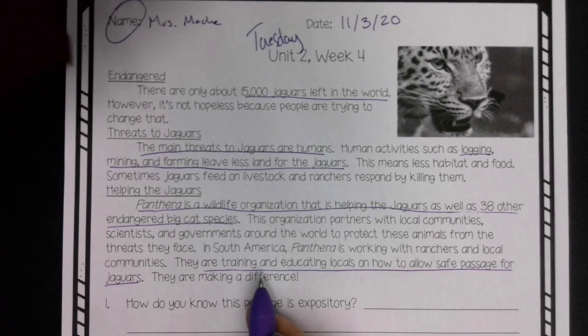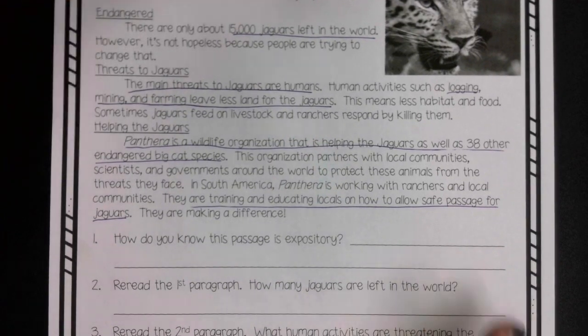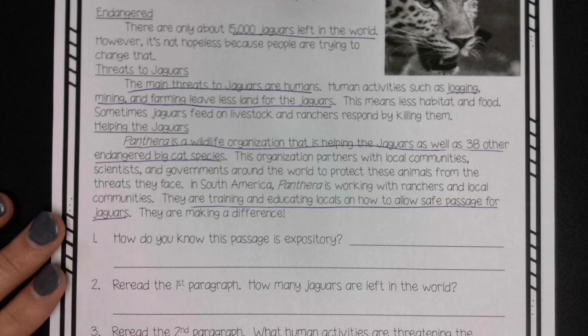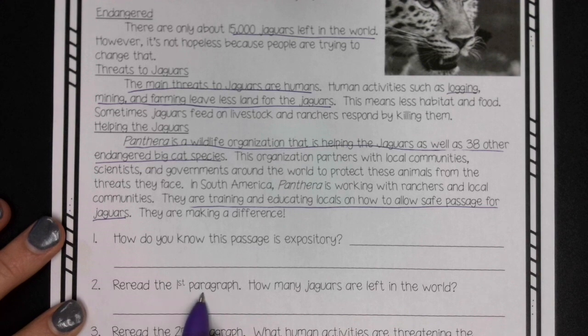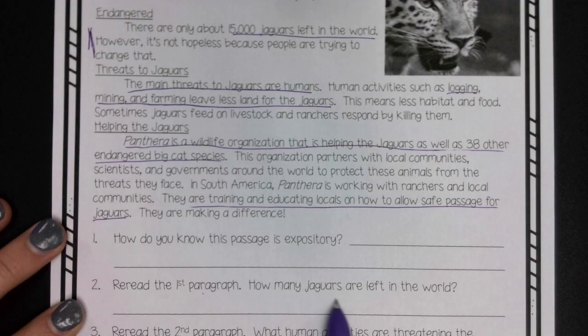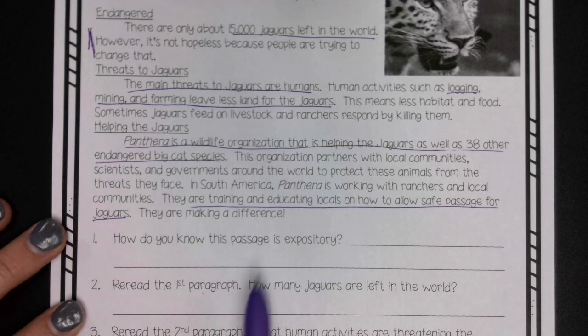Number 1. How do you know that this passage is expository? What information does it give you? Number 2, reread the first paragraph. That's this one right here. How many jaguars are left in the world? Reread here. There are only about, right here, 15,000. So you'd write 15,000 right here.